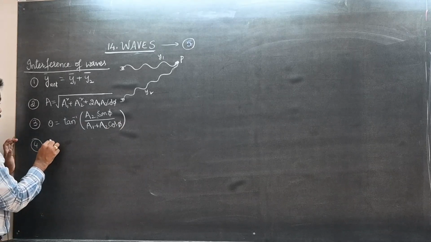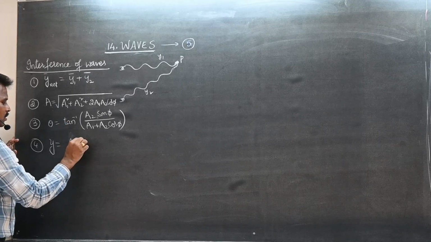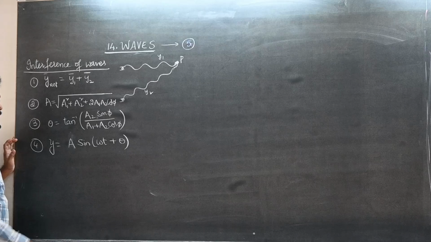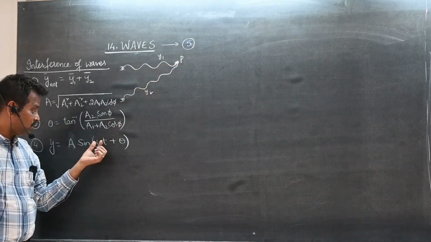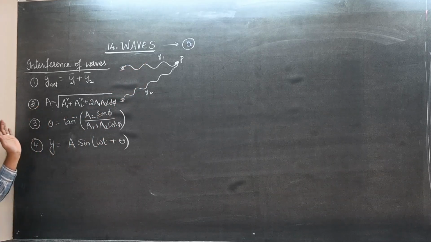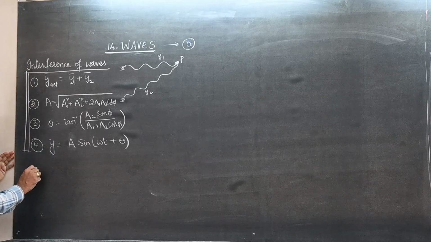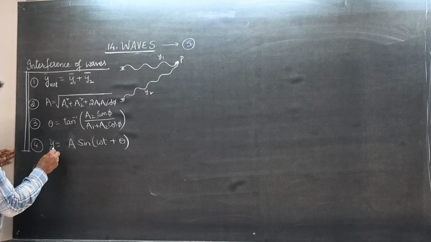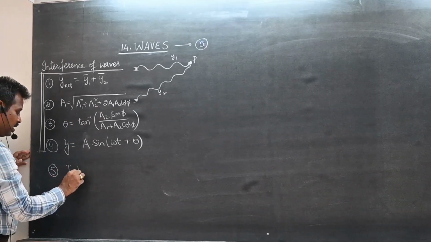And the final expression is y equal to R, I will take A, sin omega t plus theta. y1 is a sin omega t, this is also omega t only, the difference is phi here and theta here. So these are the 4 points about interference. But the fifth point, the most important point, students: if you observe this one, what is the intensity of the wave?